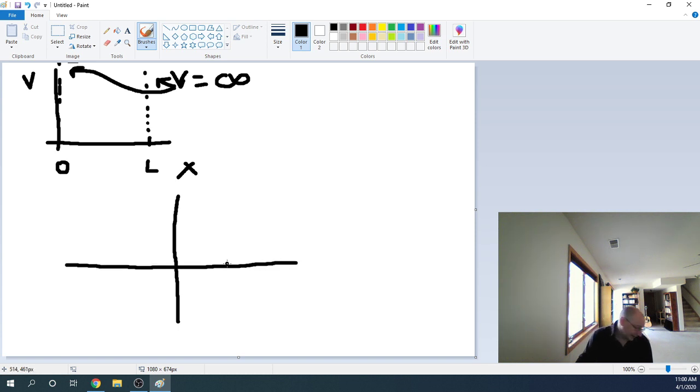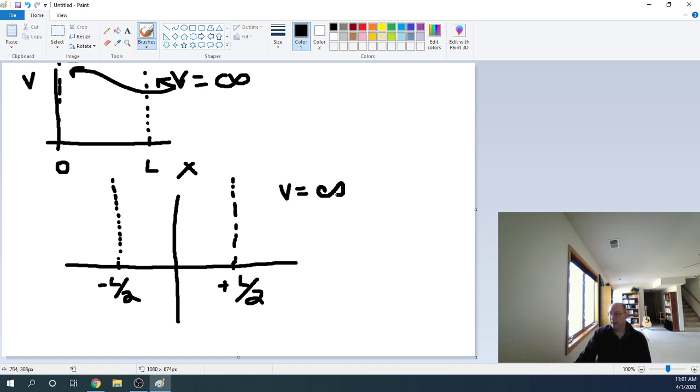So what they're saying is the following. The potential energy now, instead of going from 0 to L, goes from negative L over 2 to positive L over 2. And these are the positions where V is equal to infinity.